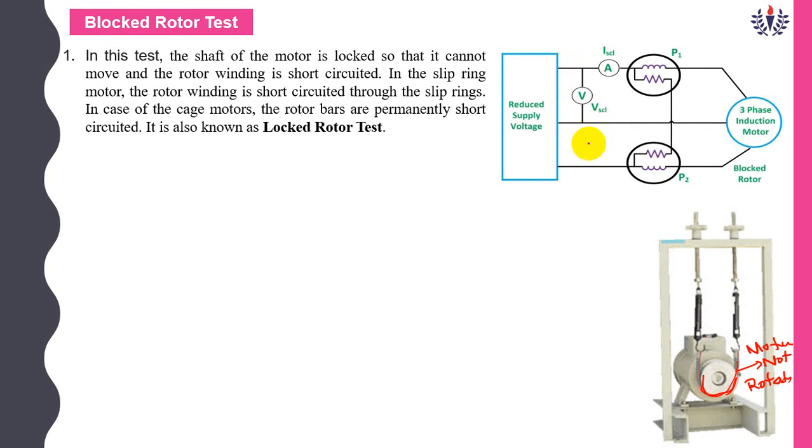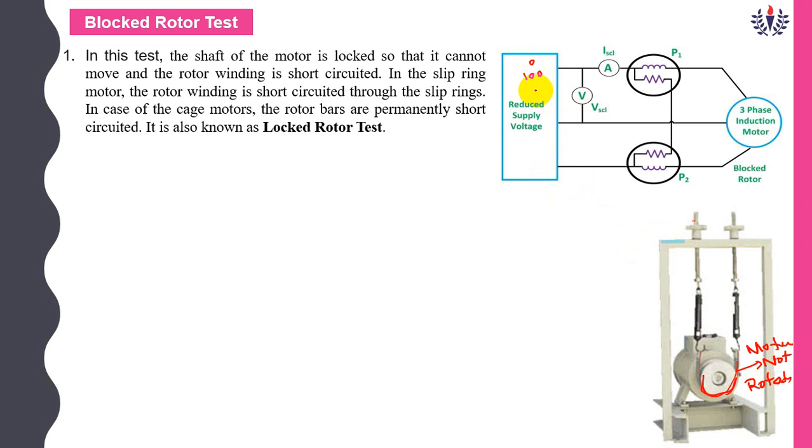During the block rotor test, the first step is you should lock the rotor, you should lock the load. When you lock the load tightly, you have to apply the voltage, initially 0 to 100.